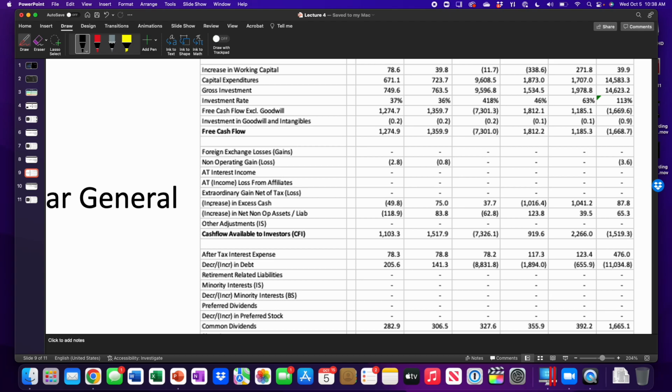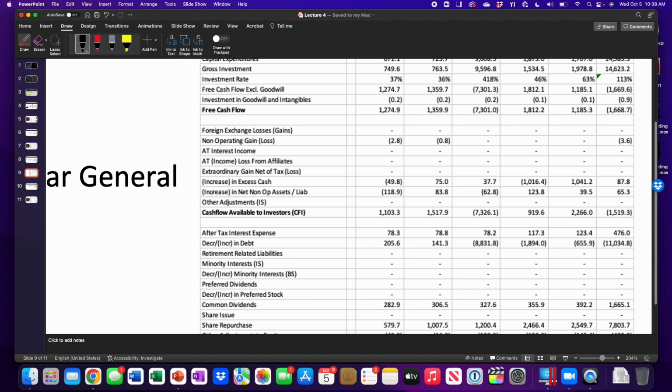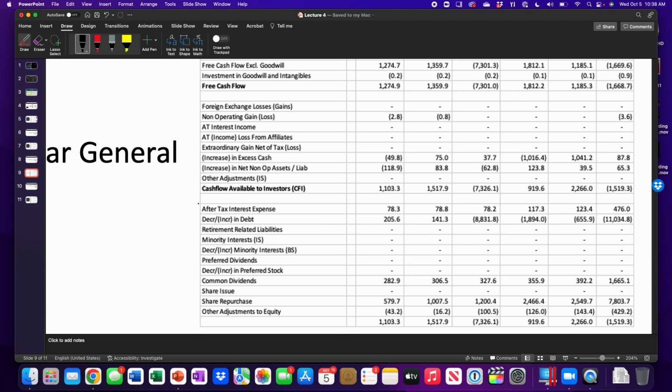right? Now, they needed to borrow money, but $11 billion? Why'd they borrow $11 billion? I don't think it all went to the stores. $1.6 billion in dividends and $7.8 billion in stock repurchase. How do you basically give the shareholders 7.8 and 1.6, which is $9.4 billion, when you have negative cash flow?